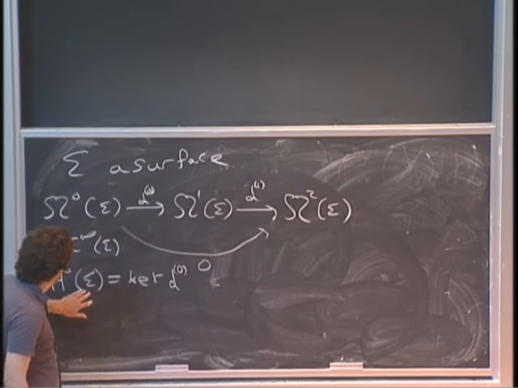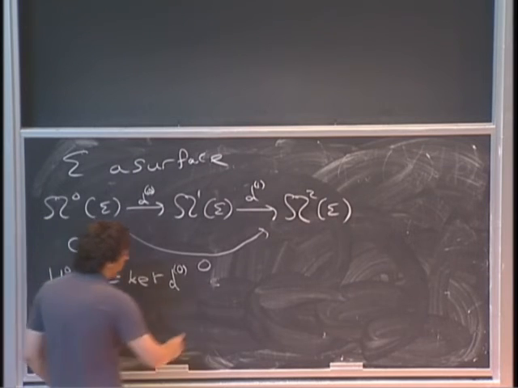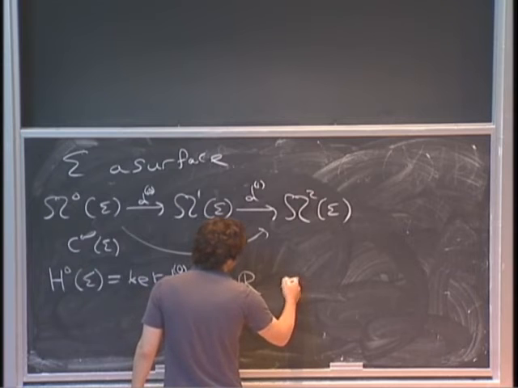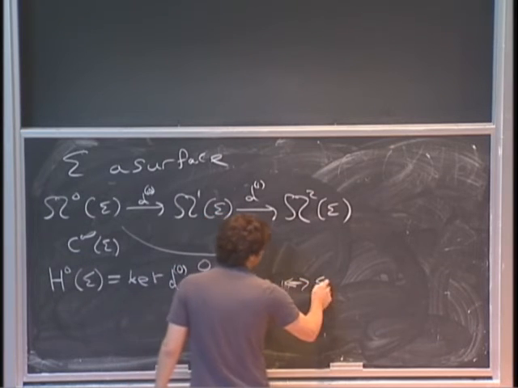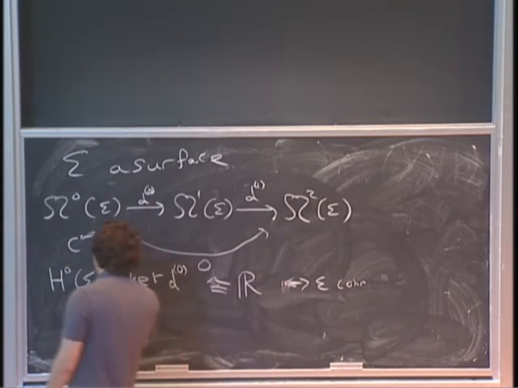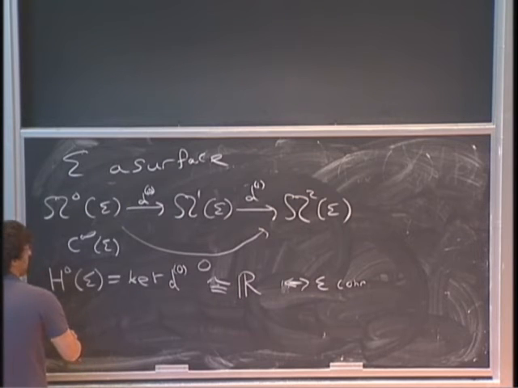And you should convince yourself that these are functions which are locally constant, right? So it's pretty clear this is isomorphic to R if and only if Sigma is connected. Okay, so there's nothing really interesting happening here from some point of view.